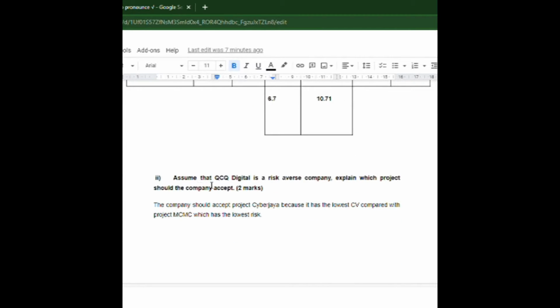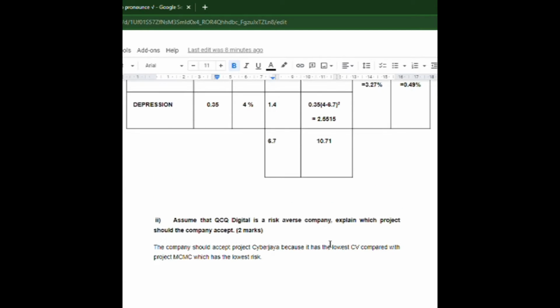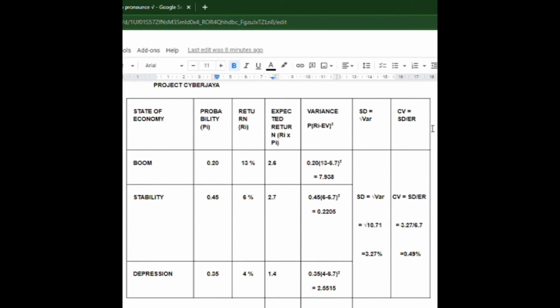Number 2, assume that QCQ Digital is a risk-averse company. Explain which project the company should accept. So the company should accept project Cyberjaya because it has the lowest CV compared with project MCMC, which has the higher risk. In order to find the answer, you just look at the CV only.